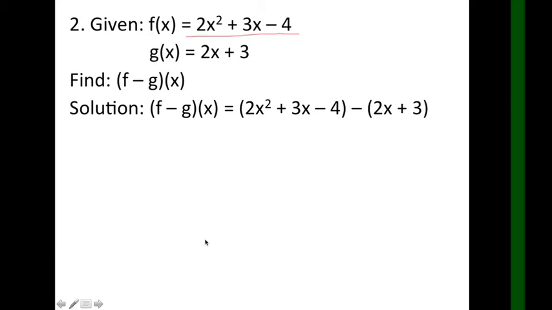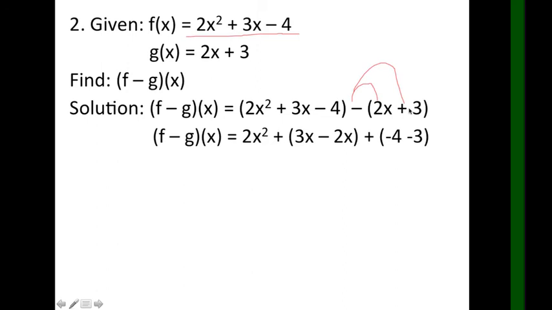After that, we will multiply negative here and another here. So we have negative times positive 2x is negative 2x, and negative times positive 3 is negative 3. And then after that, we will combine the similar numbers or similar variables.